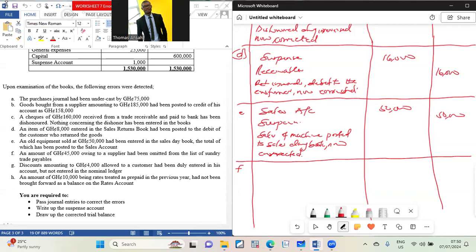Now, in doing so, you're going to credit that sundry. All right, then what else do you do? You're going to go back and record the thing inside the corresponding entry here, being the suspense. So you will do a credit of sundry creditors, or sundry payables.